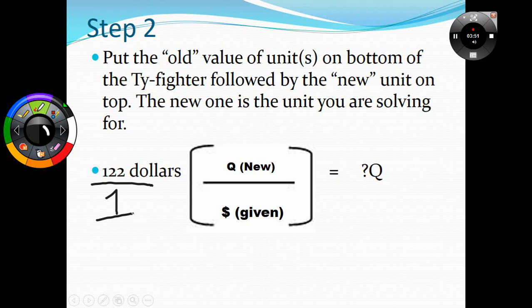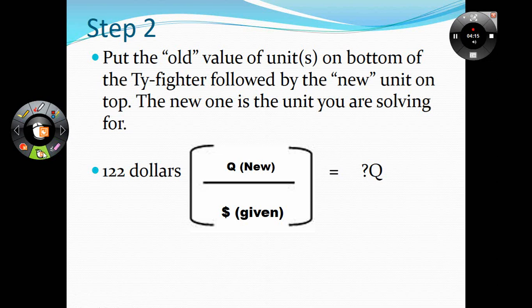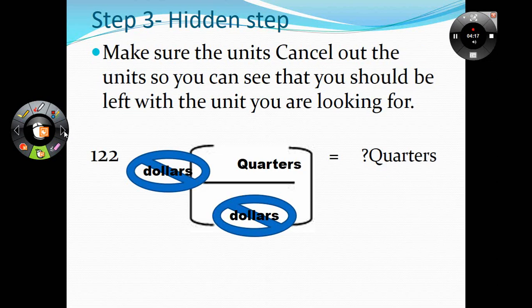That way we can cross-cancel. So, because they're across from each other, the dollars cancel the dollars, and it leaves you with the new unit that I'm looking for.